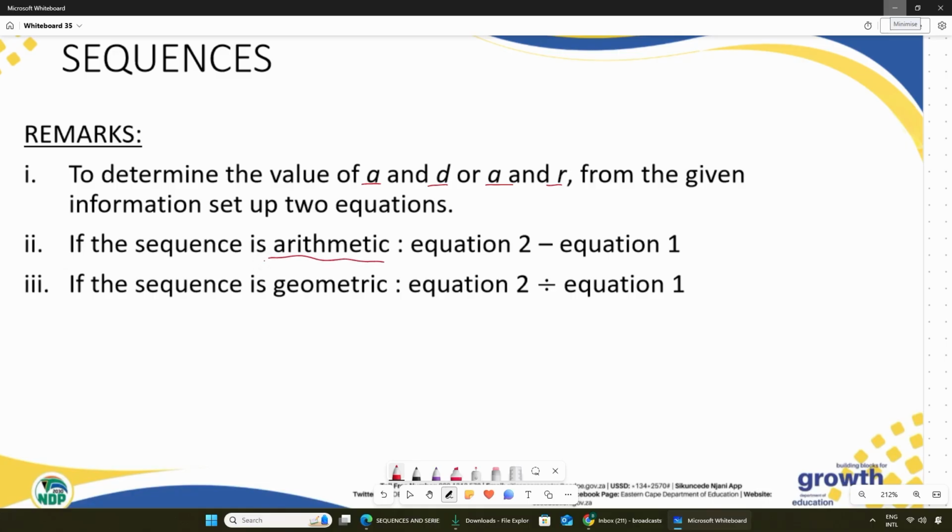If the question is on arithmetic sequence, it will be equation 2 minus equation 1, because to get the constant difference, we subtract. If the question is on geometric sequence, it will be equation 2 divided by equation 1. You cannot divide equation 2 by equation 1 in arithmetic. Take note of that. Division applies in geometric. Subtraction applies in arithmetic.